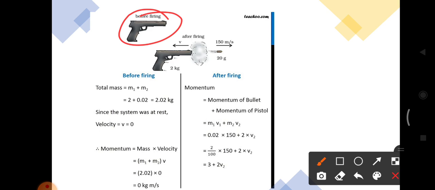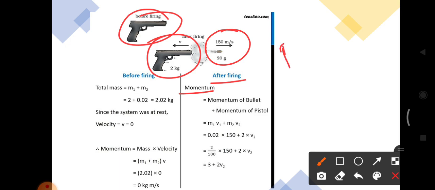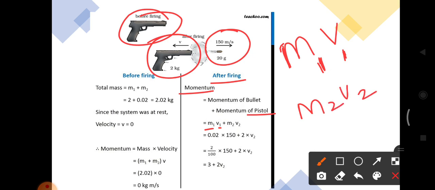Next we have to calculate after firing. After firing, the momentum equals the momentum of the bullet plus the momentum of the pistol. We know momentum equals m into v, so for the bullet m1 v1, and for the pistol m2 v2.